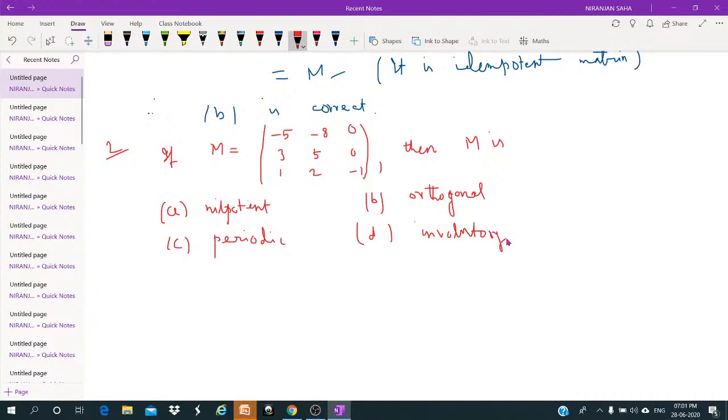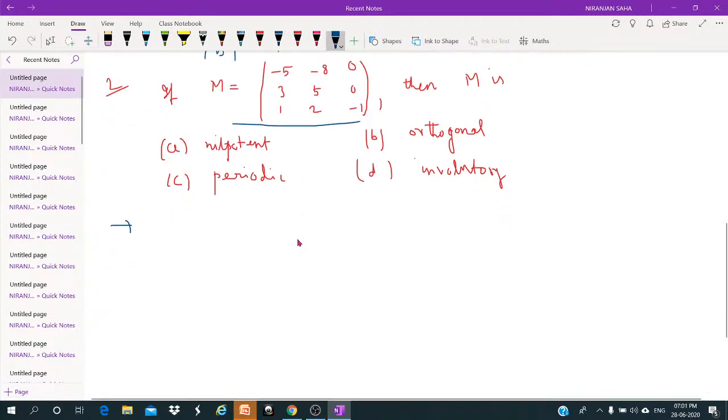Again we solve this. Here M is given, we need to find out M square to check what type of matrix it is. So we need to find out M square again.